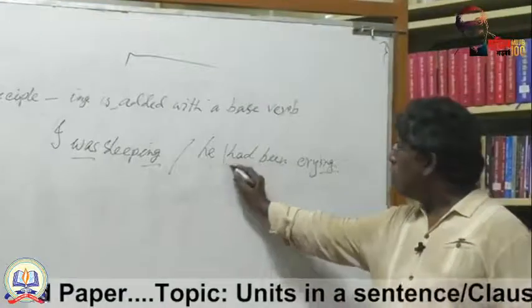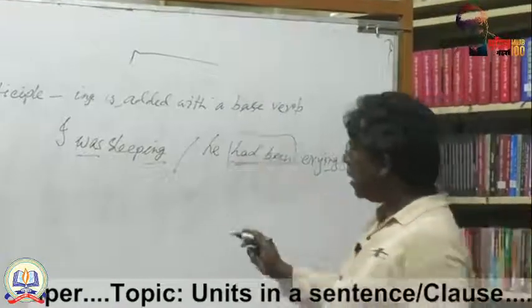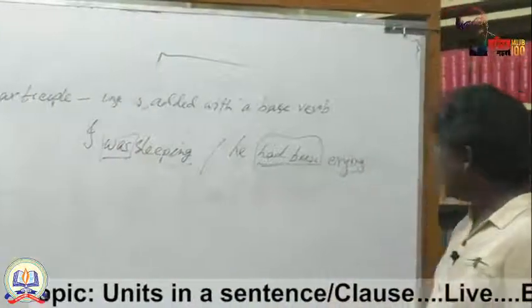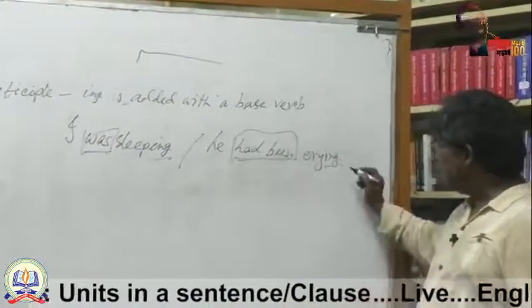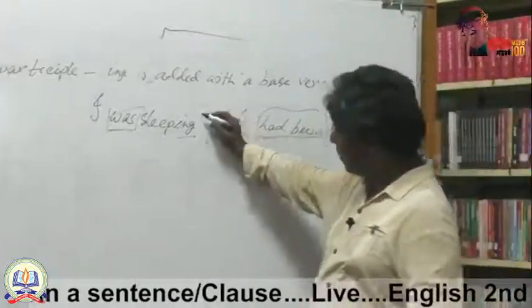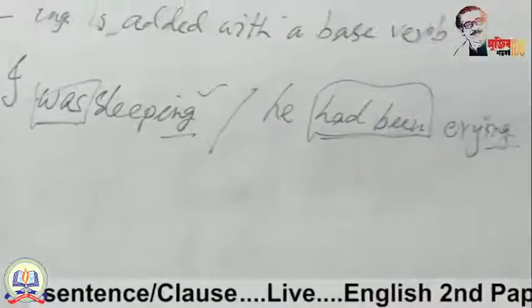The use of the auxiliary verbs was or had been makes the verbs cry or crying and sleep or sleeping finite.